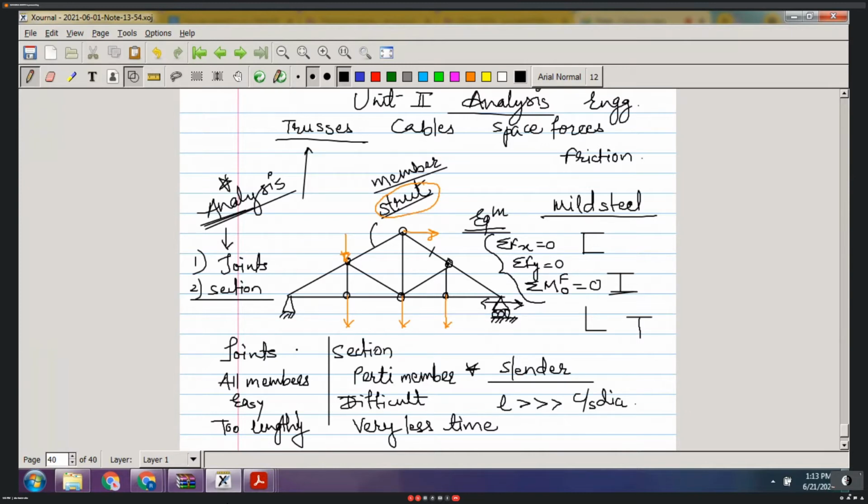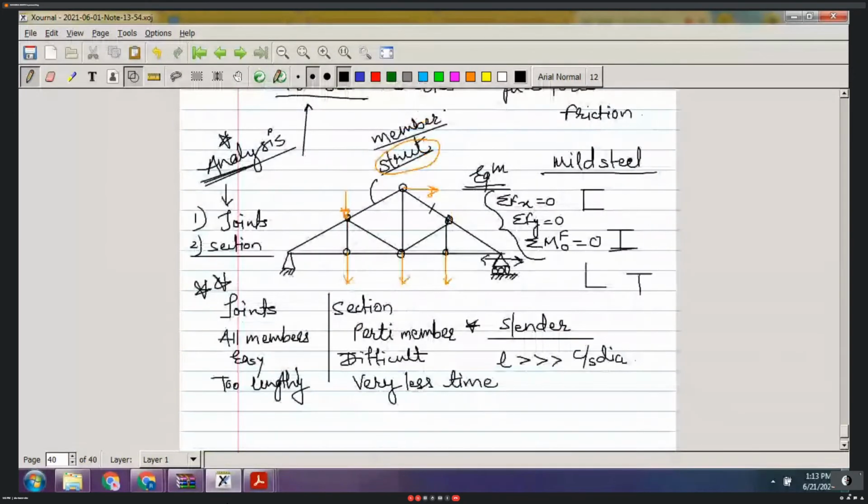But this can be asked as MCQ even, because now you are not going to solve a subjective lengthy paper, meaning there will not be a big problem. So these things can also be asked as a 1 mark MCQ. Is it clear? Yes, ma'am. Now I will come back to our parent truss.